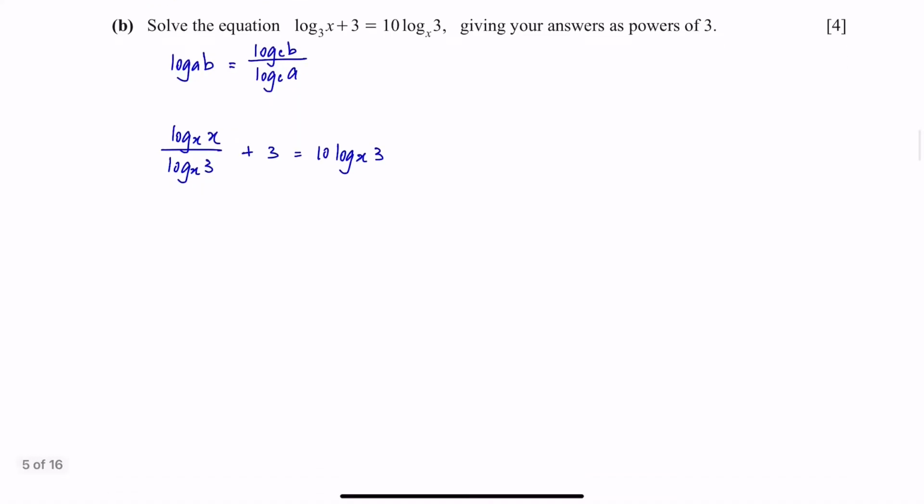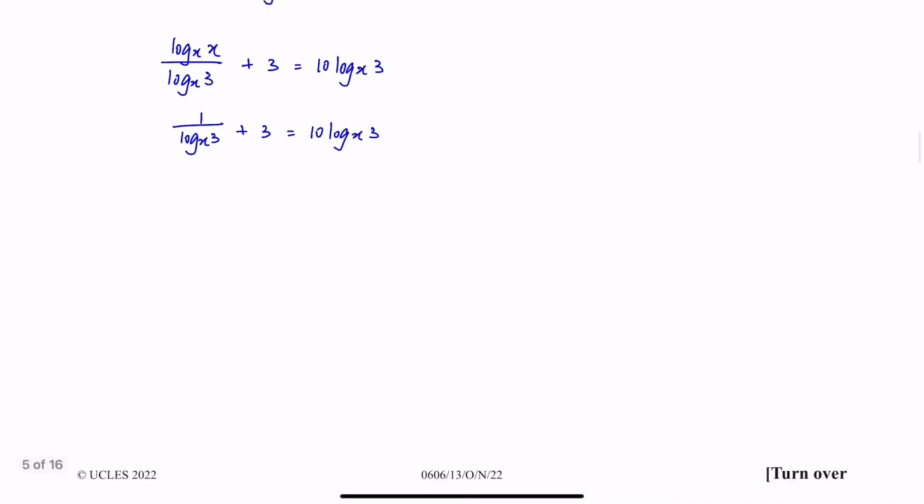So now log base x of x is just 1, over log base x of 3 plus 3 equals 10 log base x of 3. So we multiply the equation by log base x of 3 and we would get 1 plus 3 log base x of 3 equals 10 times (log base x of 3) squared.